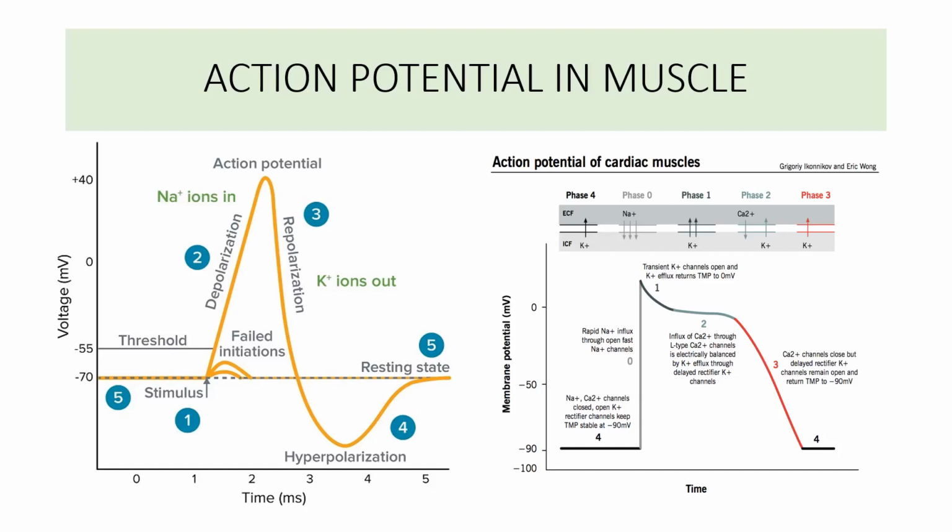During the latent phase, when the muscle is stimulated, some minimum threshold of stimulus is required, and there is a depolarization, and sodium ion enters, creating the action potential. After the action potential is created, repolarization is there, and potassium ions move out from the membrane.